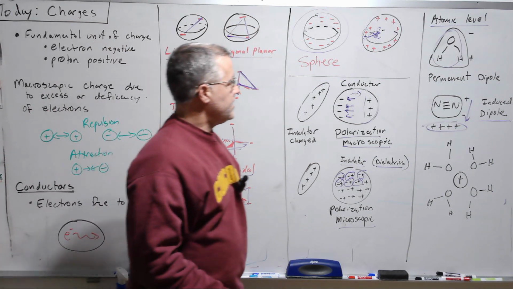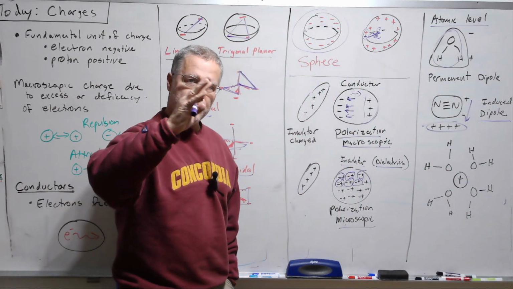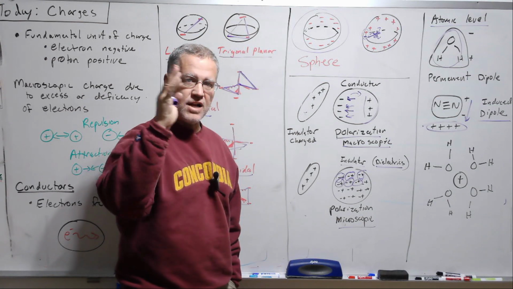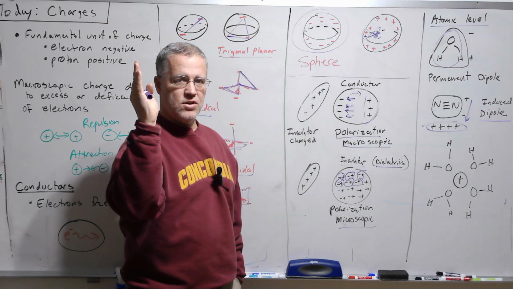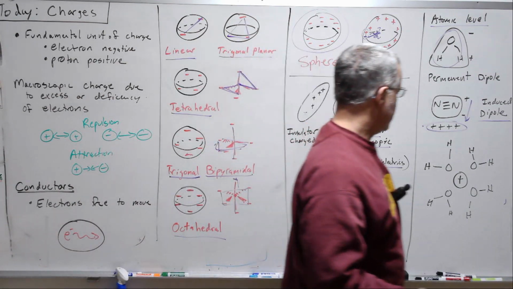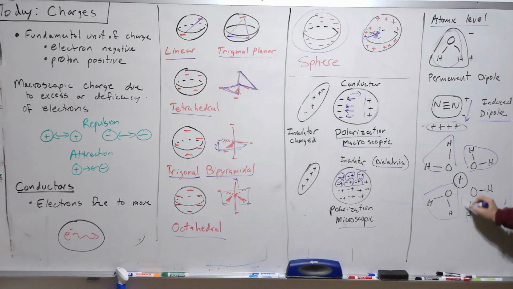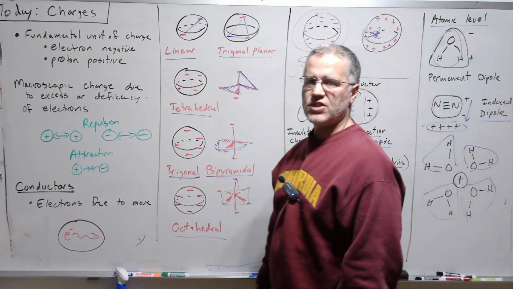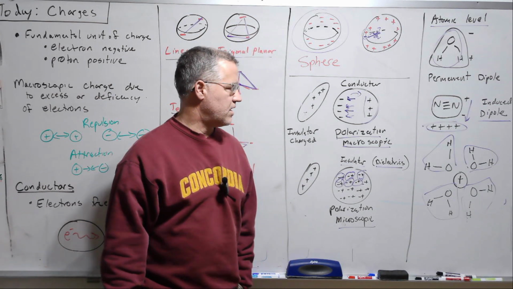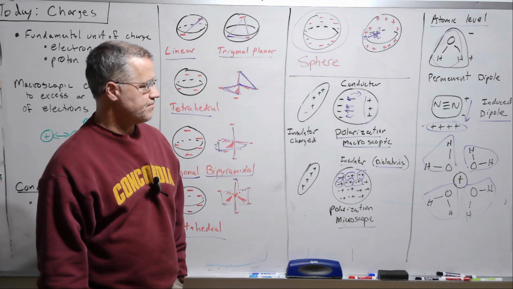Now, in either case, if we do have a charge present, if we have a permanent dipole, that can align, and we will talk carefully about the rotation of a molecule due to the presence of a charge coming up soon. But that can align so that in this case, water molecules are solvating this ion such that the negative sides of their permanent dipole are facing that positive ion.